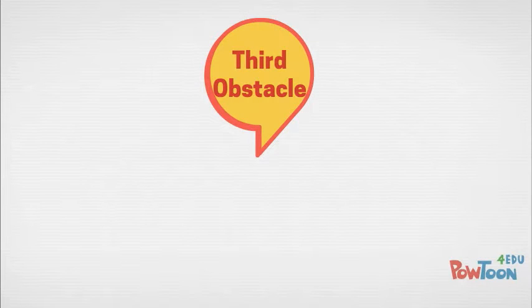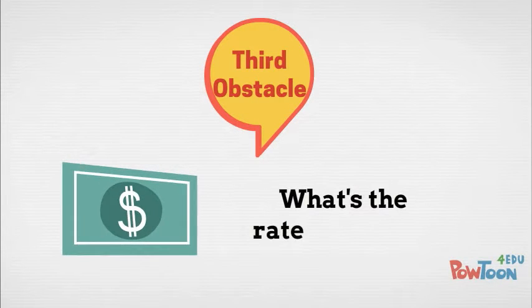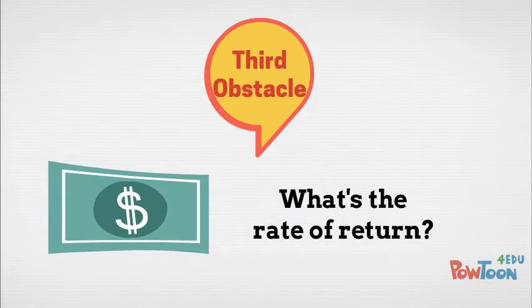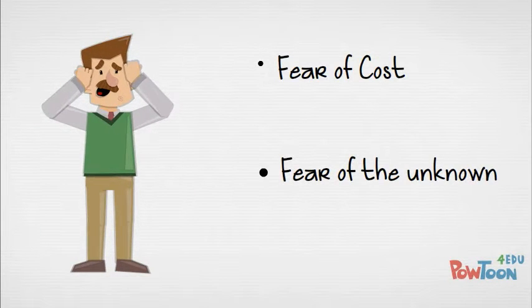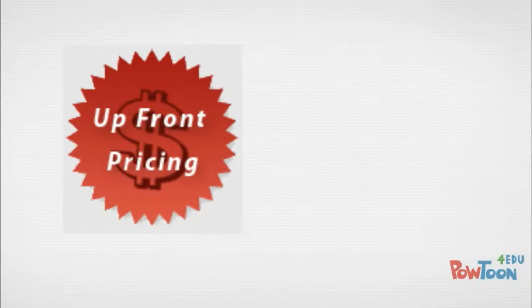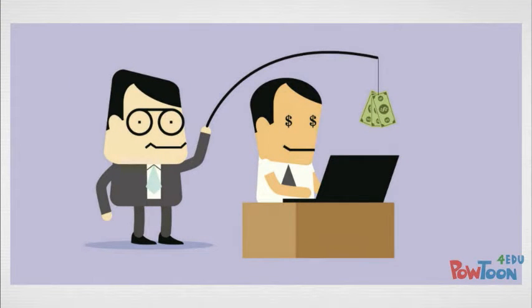The third obstacle is the cost of implementation, because it is too much money and not sure how long the rate of return will take. This fear, like that of the second obstacle, comes from the unknown about cost or just not hearing all the information needed to make informed decisions. For example, the cost may be more upfront, but were you informed about the incentives that come from purchasing solar panels?